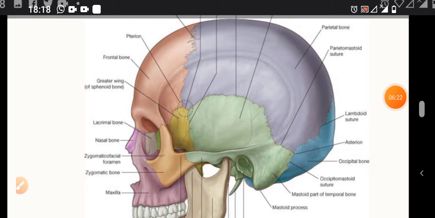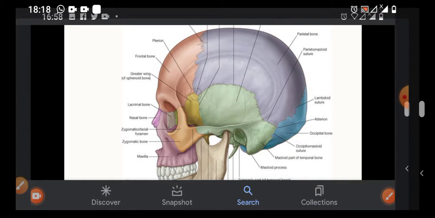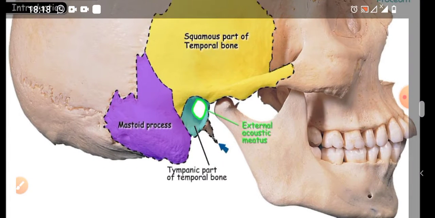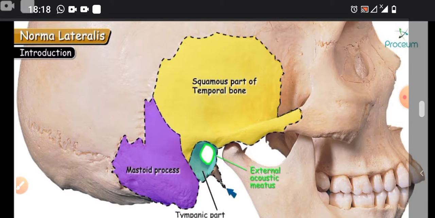So let me tell you something more about the temporal bone before telling you about the external acoustic meatus. I will show you another picture. In this picture you can see different parts of the temporal bone.